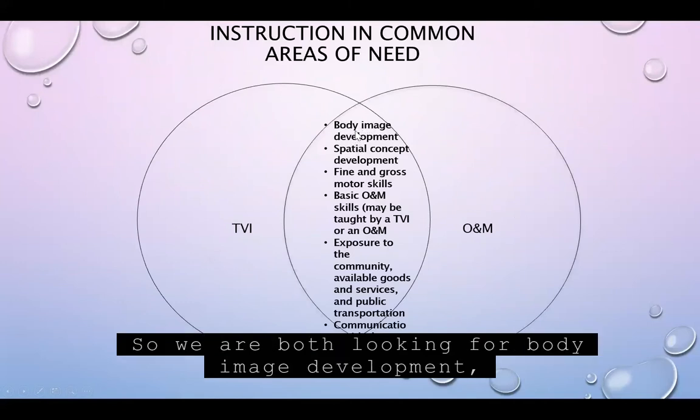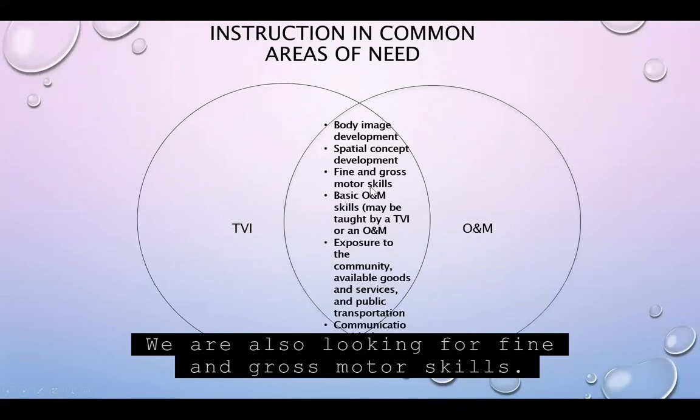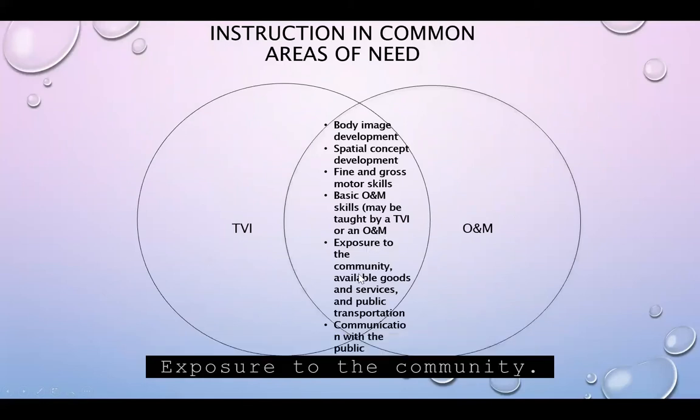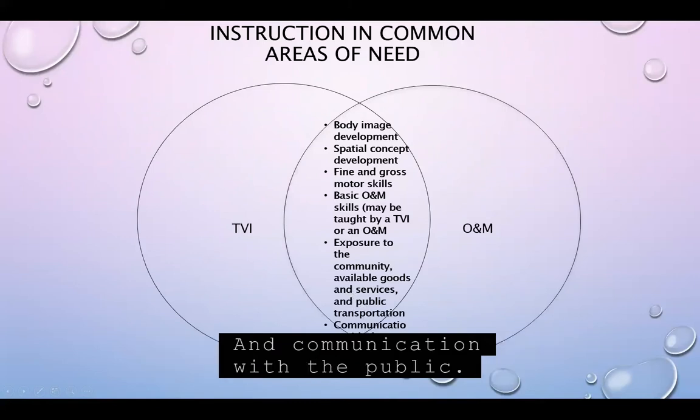So we are both looking for body image development, development of spatial concepts. We are also looking for fine and gross motor skills, basic O&M skills that may be taught by a TVI or an O&M, exposure to the community, available goods and services and public transportation, and communication with the public.